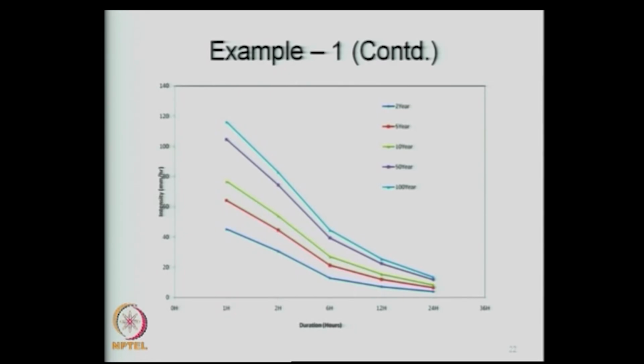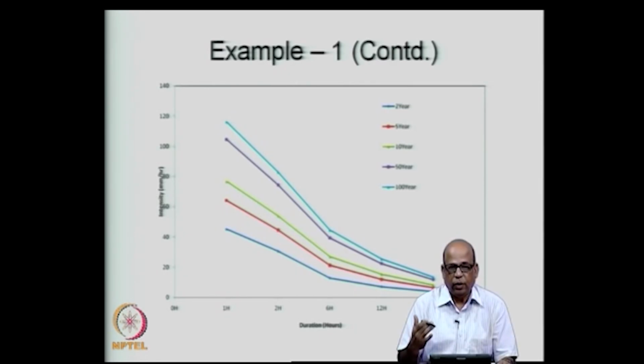Now, this is the way we construct the IDF relationships based on the observed data. Many times what may happen is that you may not have a complete series of observed data that is necessary for constructing the IDF relationship, and typically the IDF relationships are given for different locations, different regions etcetera by meteorologic departments.